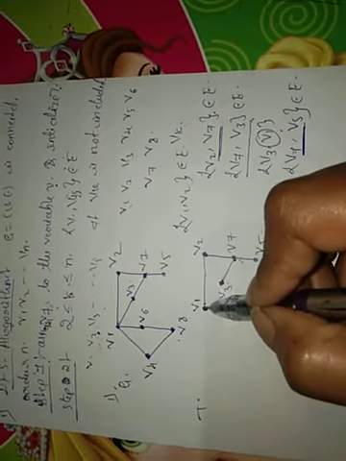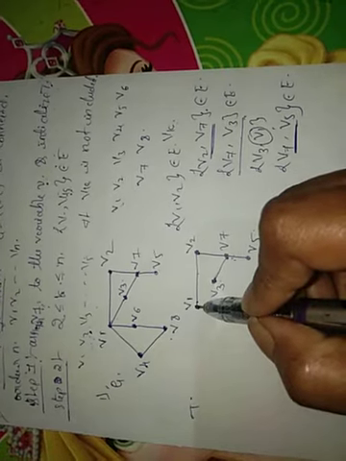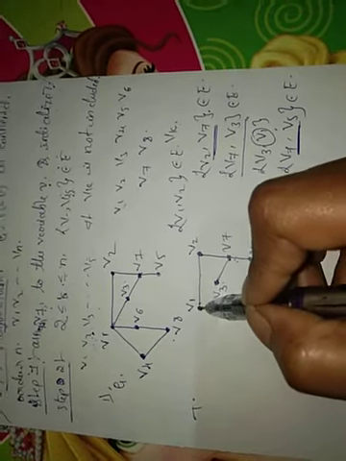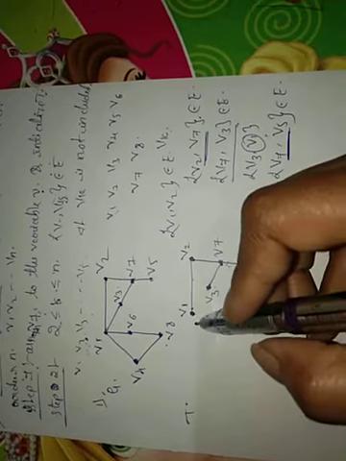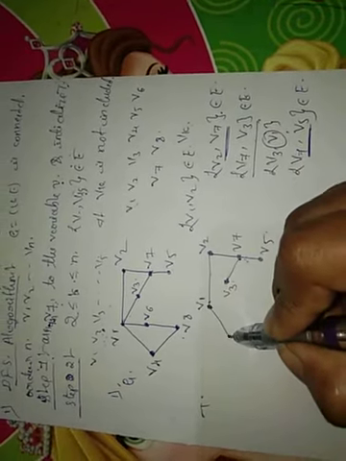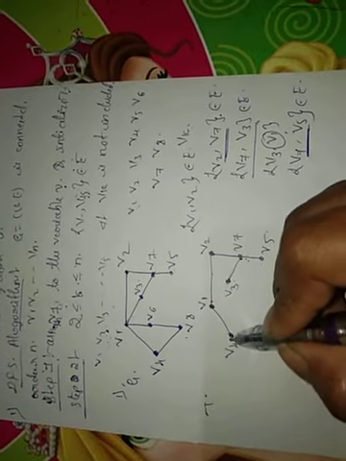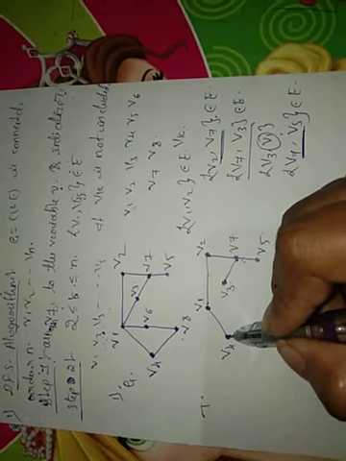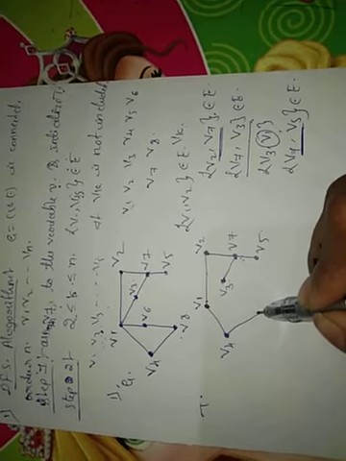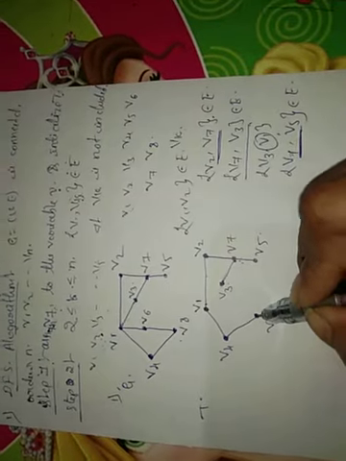Again consider v1 as your root. So again from v1 we have one more new edge by continuing the same process, that is v1 to v4. Again consider v4 as a root. For v4 we have one more edge, that is v8. Now consider v8 as the root.